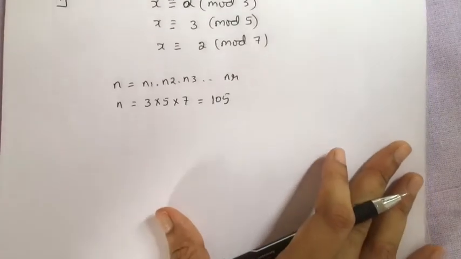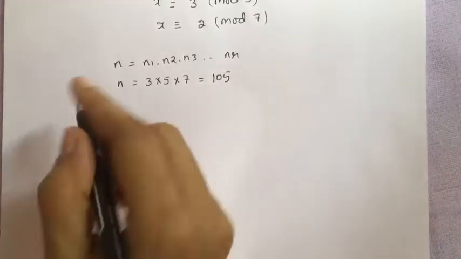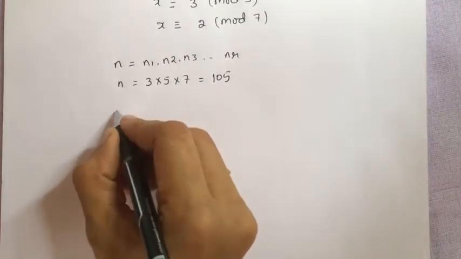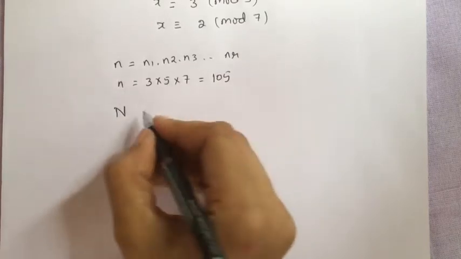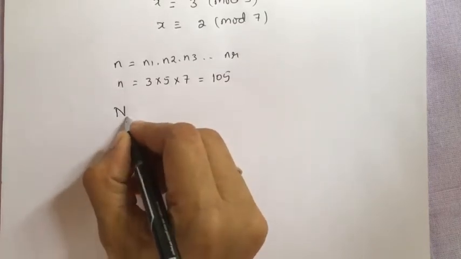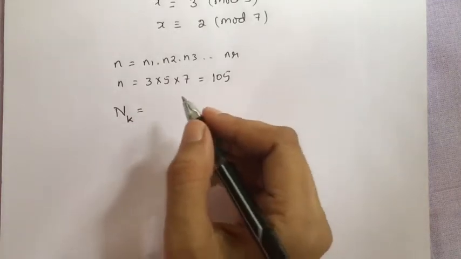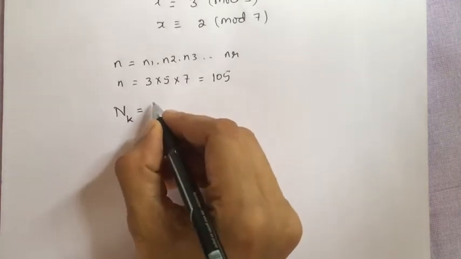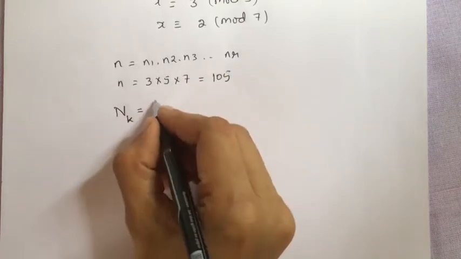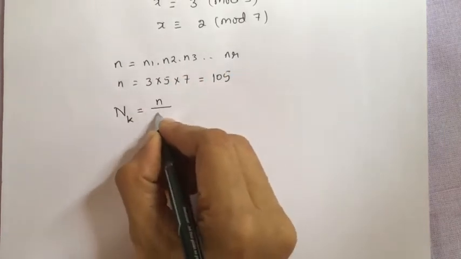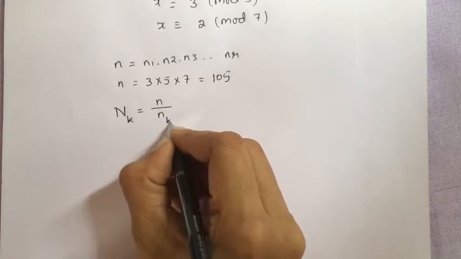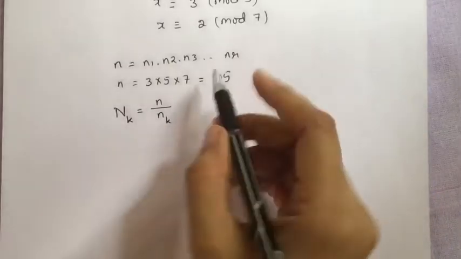Okay. Then next step is to calculate Nk. I'll use the notation capital Nk. This is nothing but the product n divided by nk.